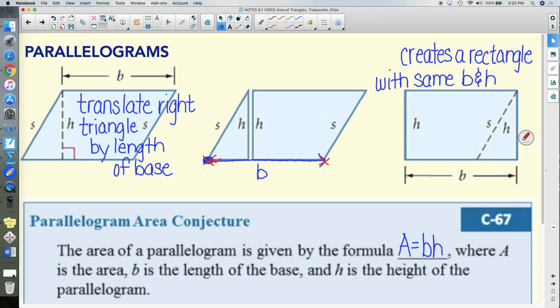So this amount of length of that right triangle that it took off on this side, it recreates on the other side. When it does that, it creates a rectangle with the same base and the same height as the parallelogram. Therefore, it has the same area. So the area formula for a parallelogram is identical to the area formula for a rectangle.